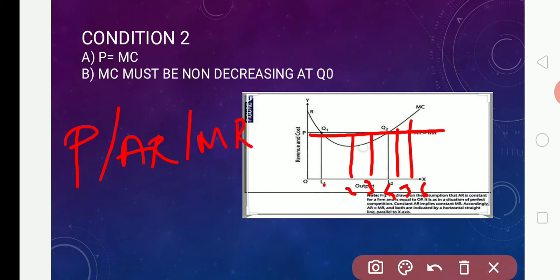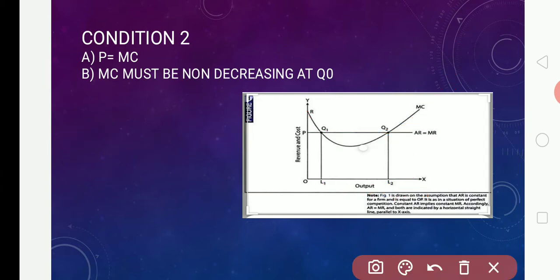That means this is the price. And this U-shaped curve is the marginal cost curve. The average cost curve and marginal cost curve will be in the shape of a U. Now understand the point here.